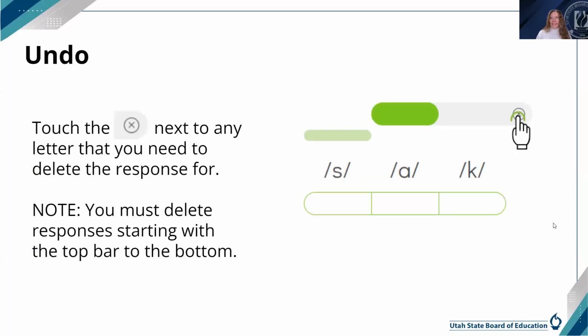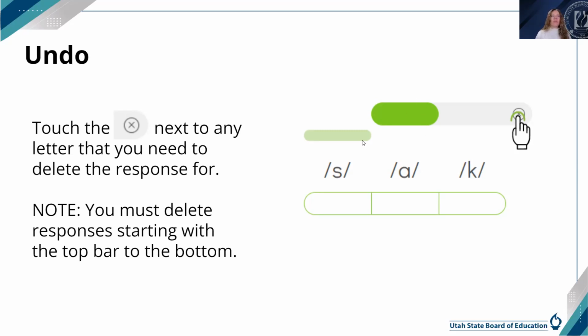For correcting, when you are doing phoneme segmentation fluency, you can only delete the bar that has that X next to it and that is a brighter color, either red or green, and wider.